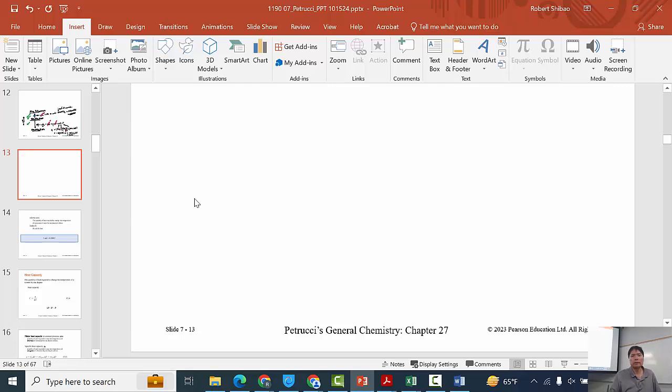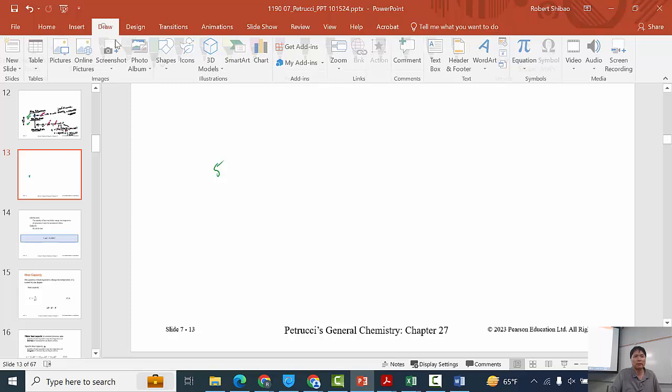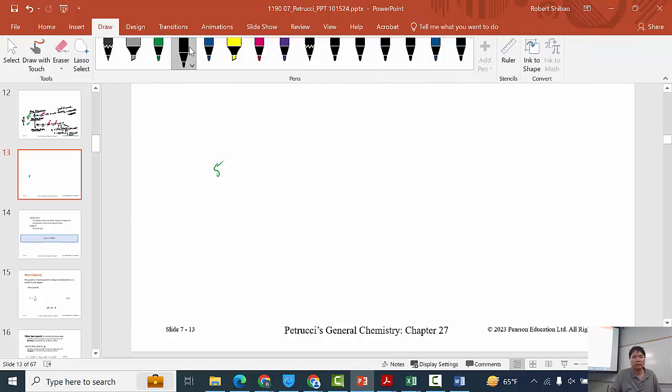So we can do it like this. Let's say I have 523 grams of iron solid. What would I want to know if I have some iron solid? I would want to know at what temperature this iron is.